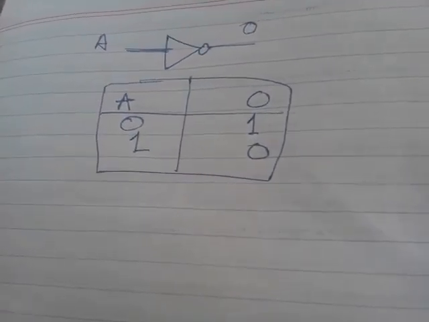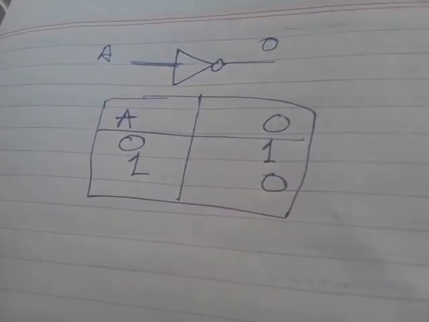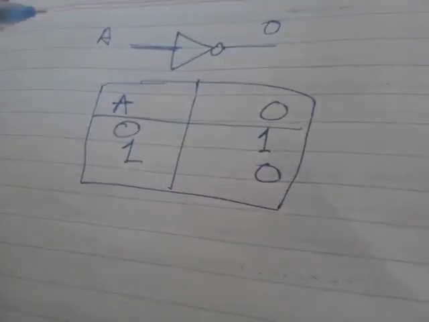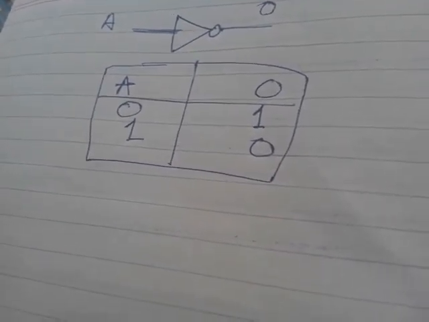Okay, in the earlier examples, the AND gate and the OR gate are binary operators, because they work on 2 or more inputs, but this one works on only one input, so it's a unary operator.